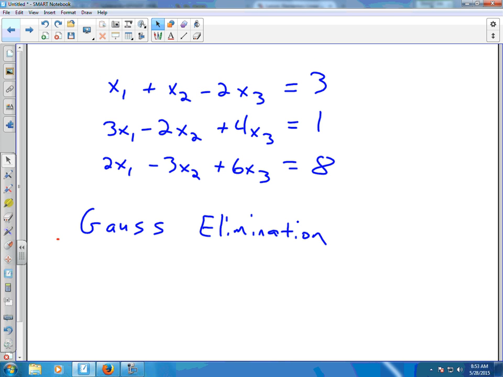It's a good idea to make a note each time you do something. We'll do this more when we get into matrices. That first step we did is we basically swapped row 1 and row 2.